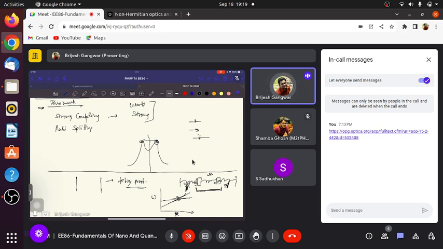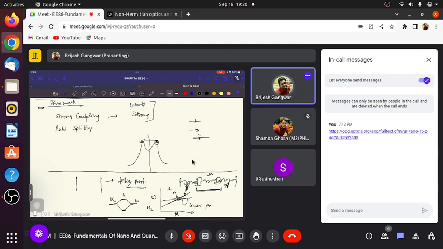So these two are known as upper polariton and lower polariton. The mode which has lower energy is known as the lower polariton, and the other is the upper polariton. Or you can say like two hydrogen atoms come together, then when they make H2, they have two energy levels split.